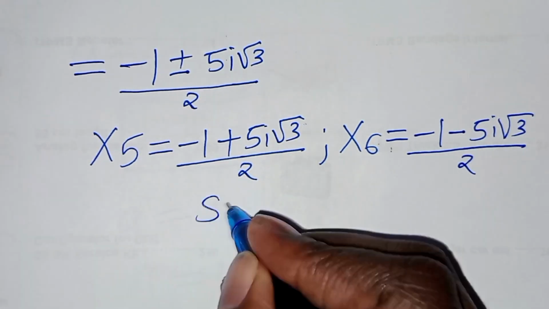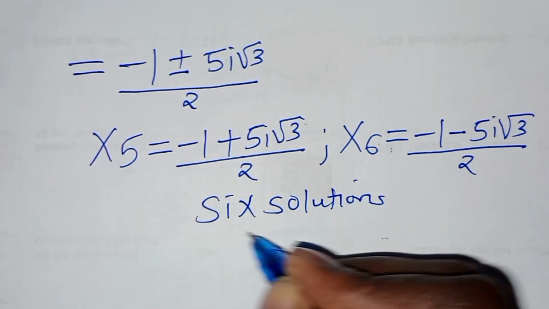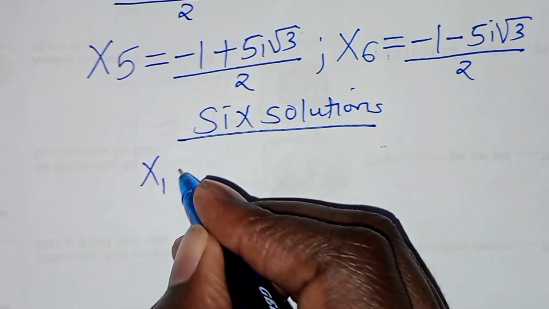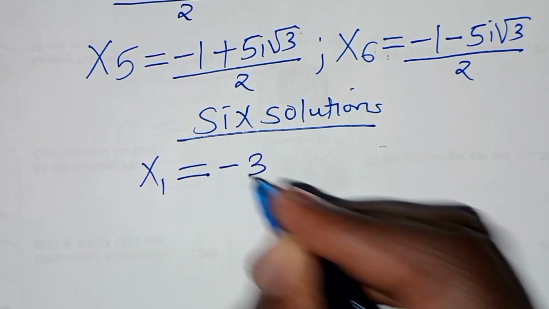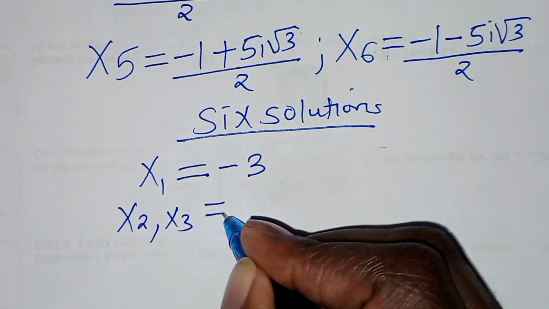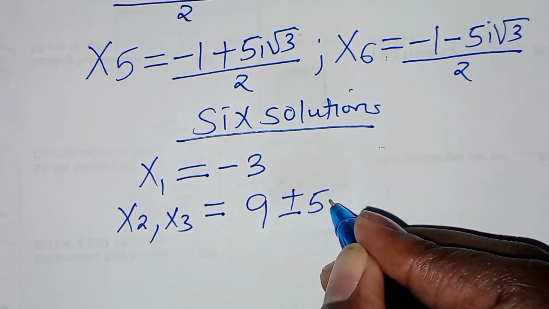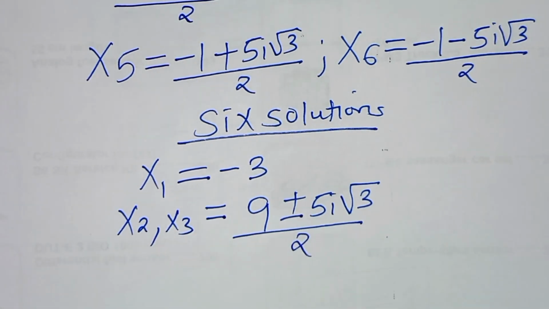So this implies that we have 6 solutions to this algebra problem. We have that x1 is equal to minus 3. We have x2, x3, which is the same thing as 9 plus or minus 5i square root of 3 divided by 2.